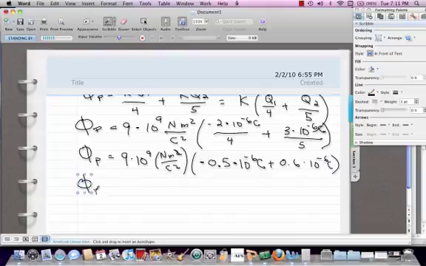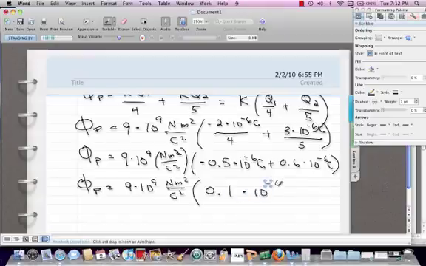So I get phi P equal to 9 times 10 to the 9th newton meter squared per coulomb squared, and now negative 0.5 plus 0.6, I'm going to get 0.1. Since 10 to the minus 6 is the same, I can add these together and get 0.1 times 10 to the minus 6 coulombs.